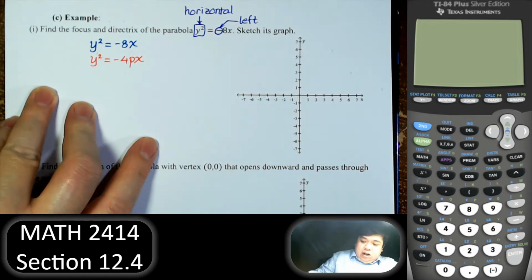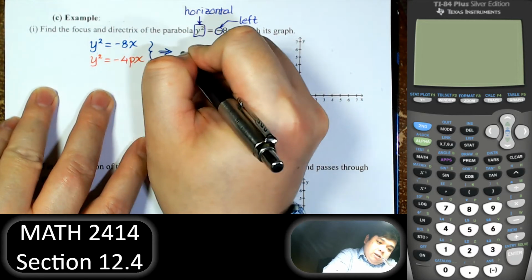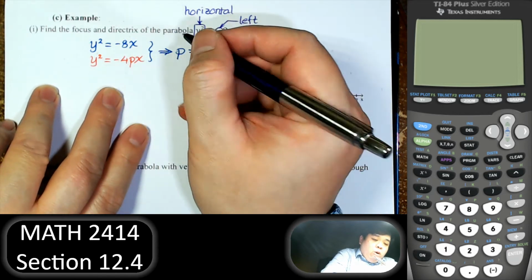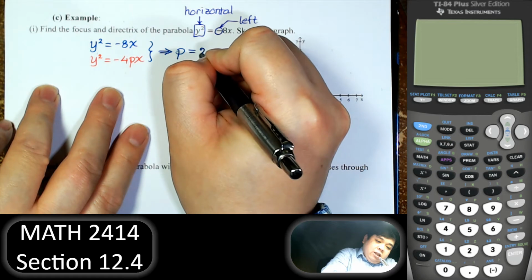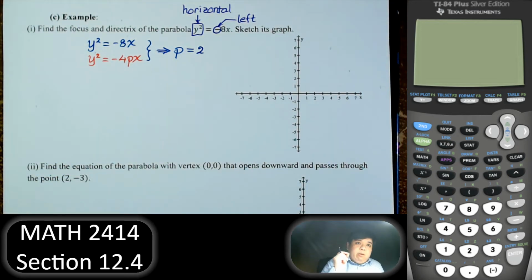Matching this, we can say that negative 8 is equal to negative 4p, so p is equal to 2. So the distance from the vertex to the focus and the vertex to the directrix is 2.